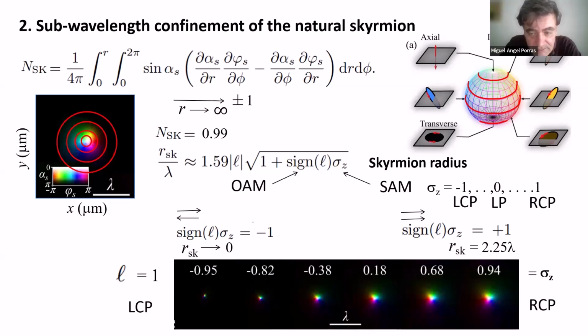In this experiment that we can see here, we have fixed the topological charge, +1, and we have changed the spin from right-handed circular to left-handed circular, and we observe that, in fact, the Skyrmion shrinks from the maximum value to almost 0 radius. So this is the first interesting property, the subwavelength confinement.